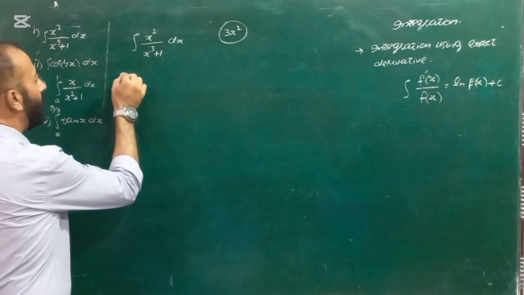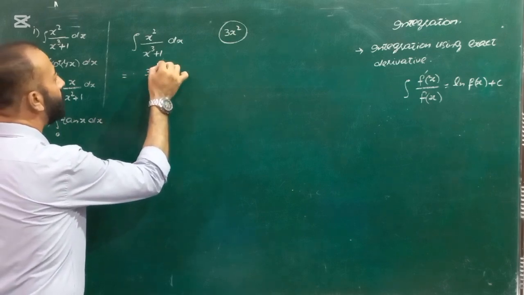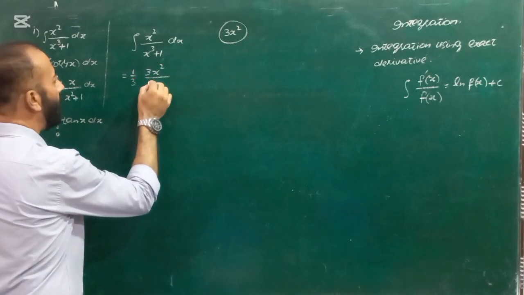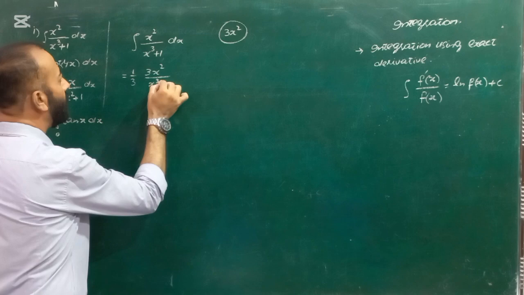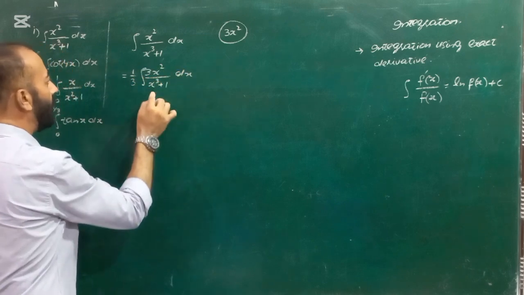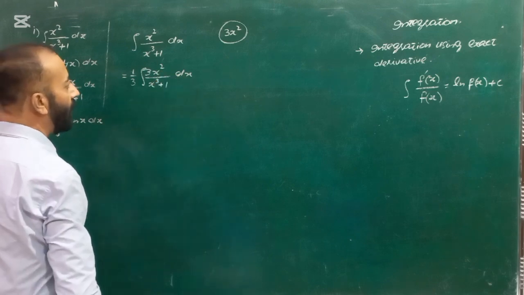So there is only 3 missing in the numerator. So look now, we are multiplying and dividing the full function by 3. So at this step you can see now the differential of the denominator is given in the numerator.